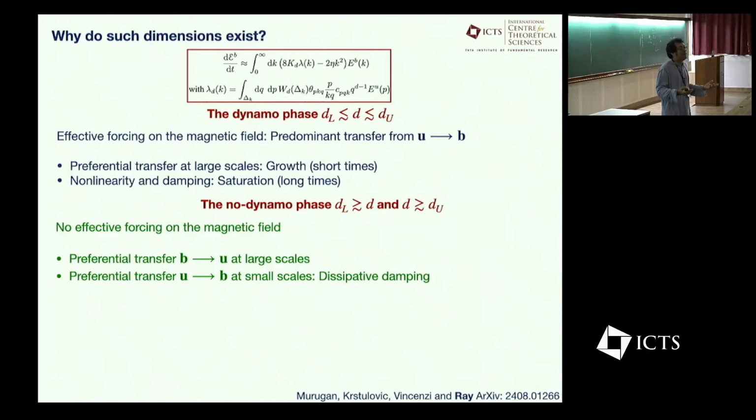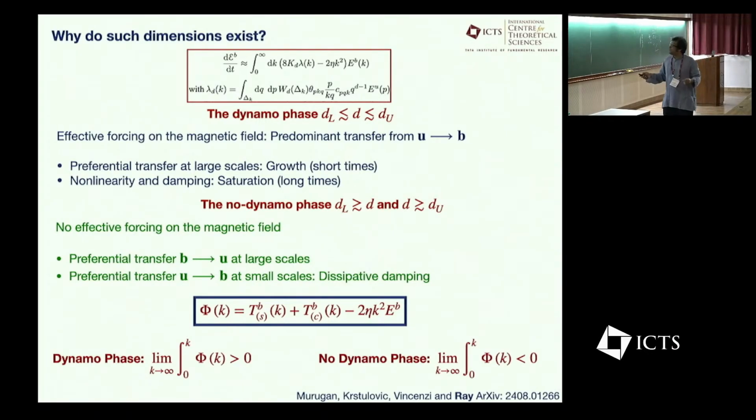And viscous damping is important there. So you try to feed energy at those scales and viscosity eats it all up. And so essentially, in very short times, you get this behavior where everything dies. All right? And this is best analyzed theoretically by looking at this effective transfer term.